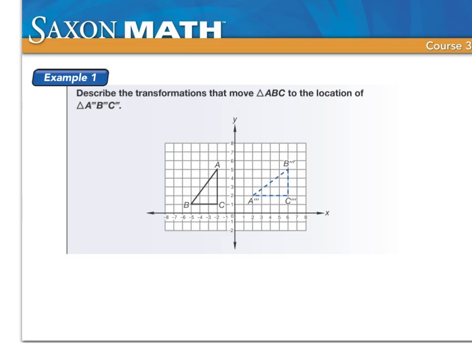Alright. Well, I'm going to go ahead and use some colors to help us color code this a little bit. So, here's my beginning triangle right here, ABC. Well, we should notice, first of all, that when we get over here, this side isn't the same length as this side anymore.